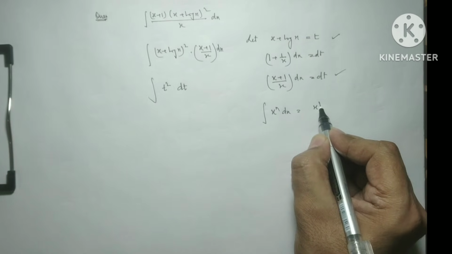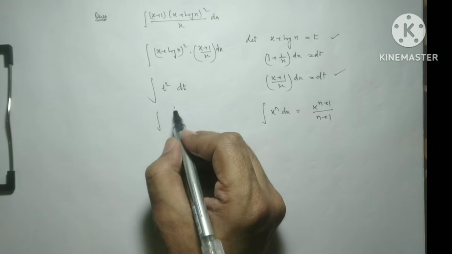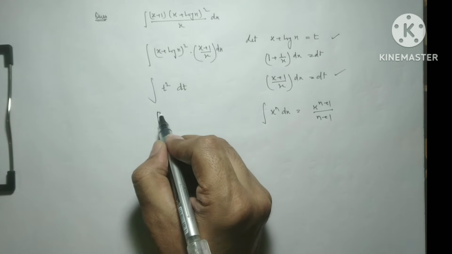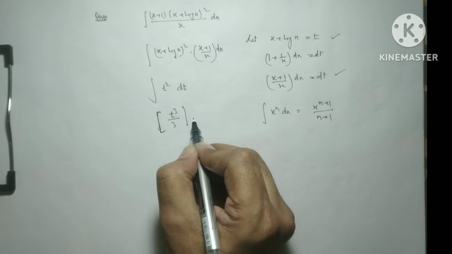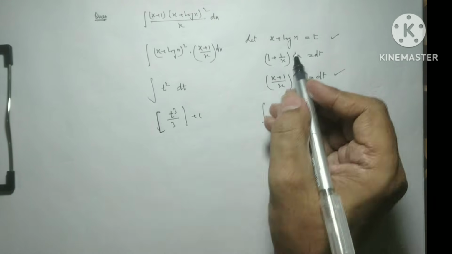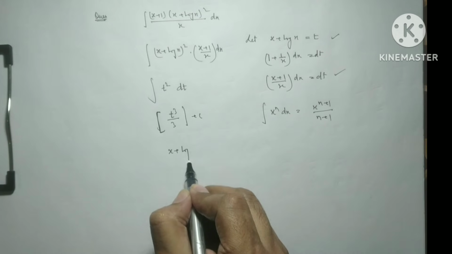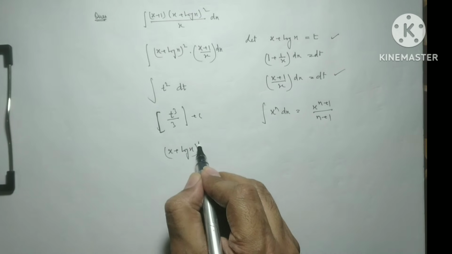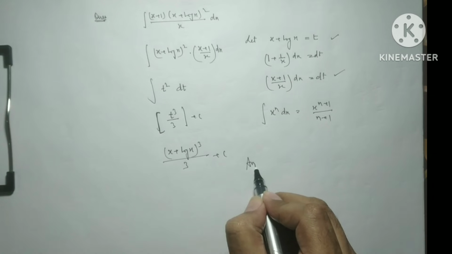So we get x to the n plus 1 over n plus 1. It means we get the result of this t cube over 3 plus c, and on putting this value once again we get x plus log x whole cube divided by 3 plus c. So this is the answer.